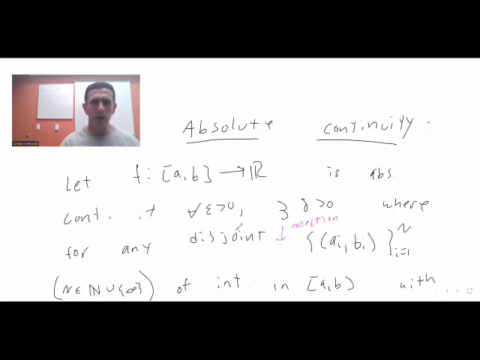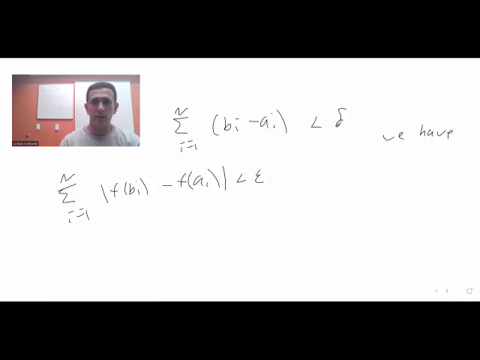And we do need to have a disjoint collection of open intervals in closed A to B. So each one of these is a subset of A to B. So whenever we have a disjoint, finite or countably infinite collection of open intervals in A to B, where the sum of the lengths is less than delta, the sum of f of b_i minus f of a_i is less than epsilon.